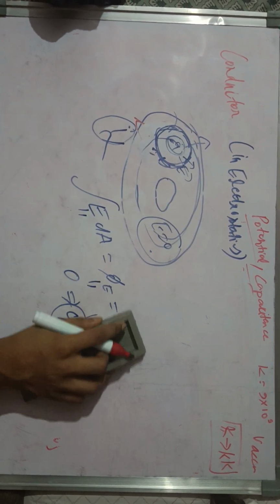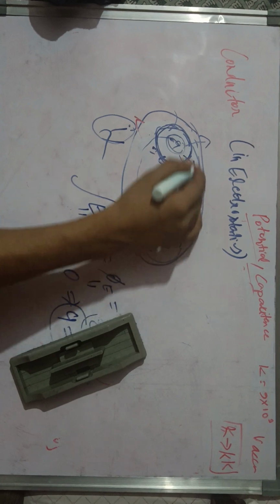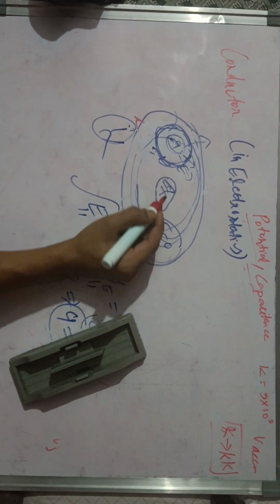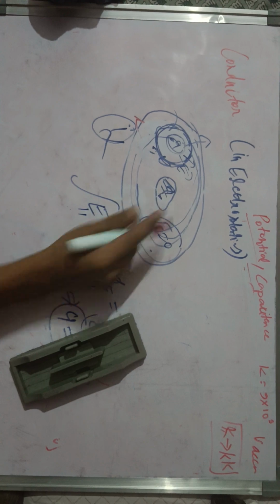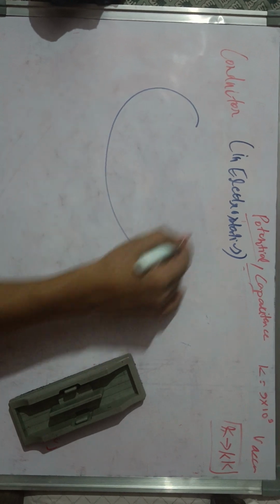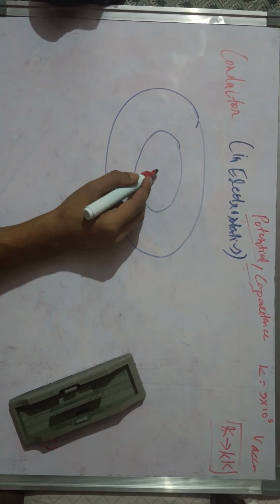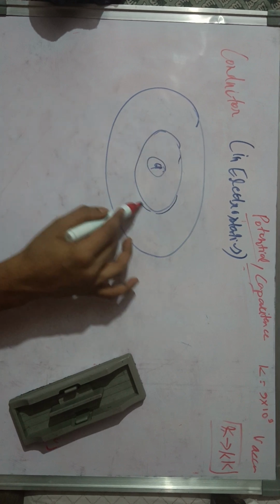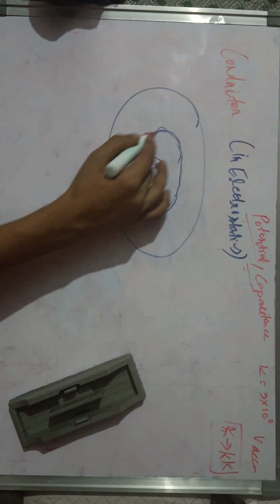But what about the cavity? Can there be charge in the cavity? We will check it also. If there is a conductor and there is a cavity here, and there is a charge q here, let's say this is the Gaussian surface.